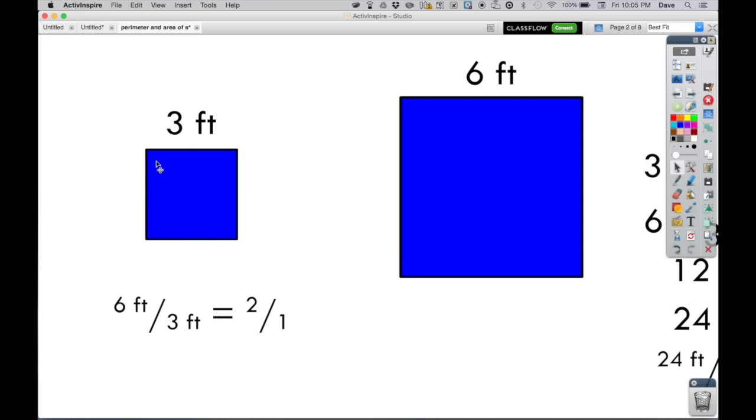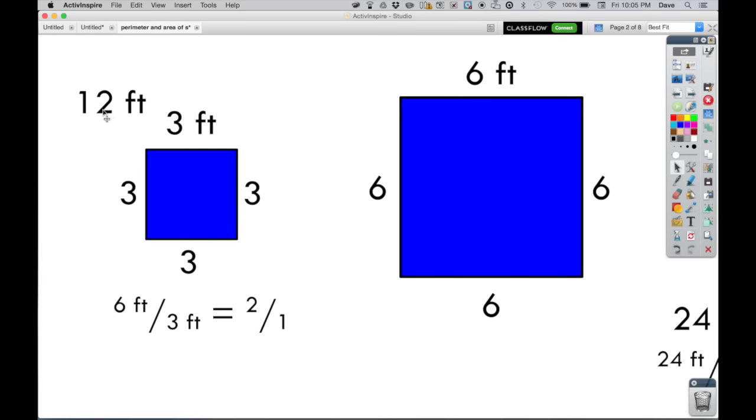Perimeter, of course, is finding the distance around an object. So in this case, a 3-foot square, we're talking 4 different sides, 3 feet each, and then 6 feet on each side for this square, which would give us perimeters of, for the small square, 12 feet, and for the large square, 24 feet.